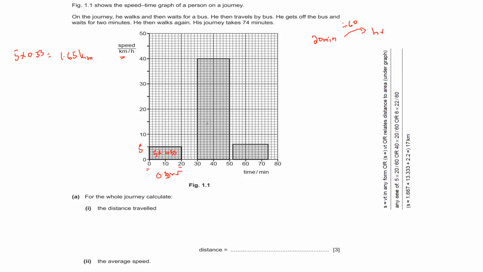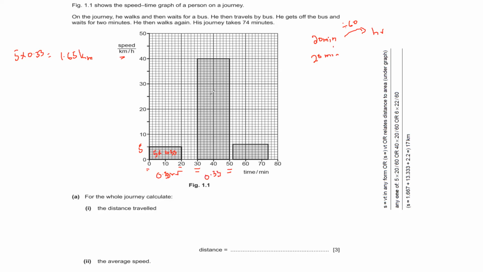What about the second part? It is starting from 30 minutes and ending at 50. So again, it is 20 minutes, and it is a recurring decimal. So again 0.33.